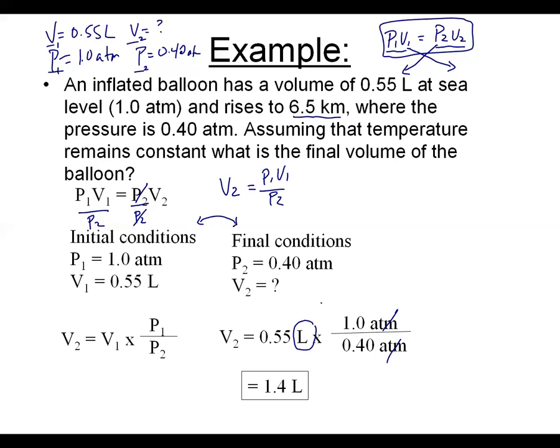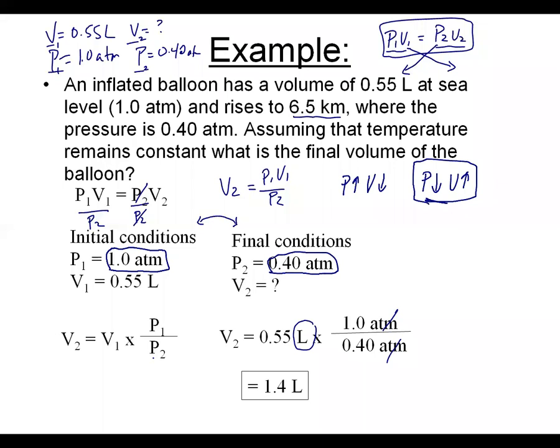Now, as we've been talking about, understanding the relationship of something like Boyle's Law is important. The relationship with Boyle's Law is as the pressure goes up, the volume goes down, and vice versa. In terms of pressure here, we go from 1 atmosphere to 0.4 atmospheres. That means the pressure went down.